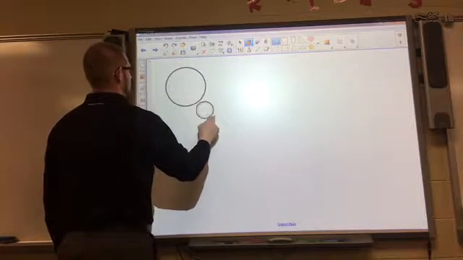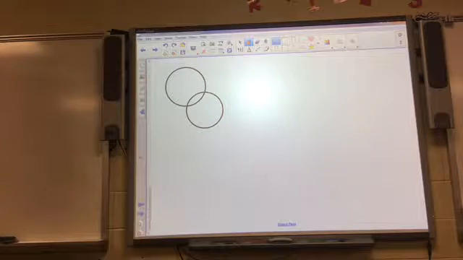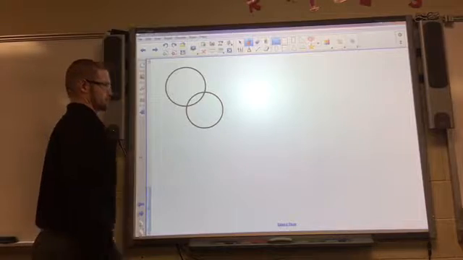First one intersects at 2 points, would look something like that. We don't really have a name for that. We just know that there's 2 points of intersection. Are they tangent to each other? No, absolutely not, because there's 2 points of intersection. Tangent means 1 point of intersection.